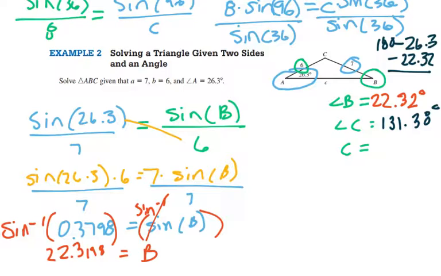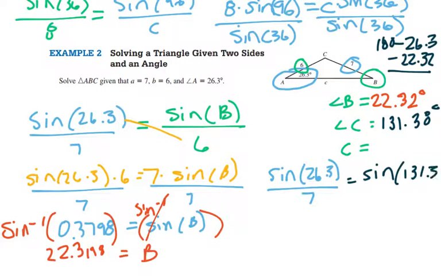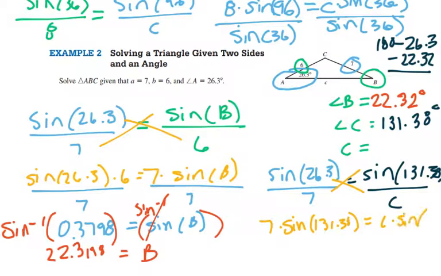And so then in order to solve for side c, we're going to do again the sine of 26.3 over 7, but we'll set that equal to the sine of 131.38 over c. Then we cross multiply. So 7 times sine of 131.38 equals c times sine of 26.3.